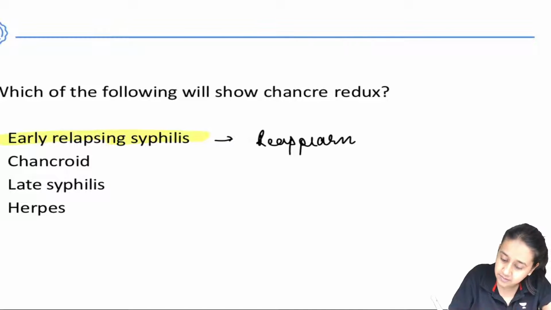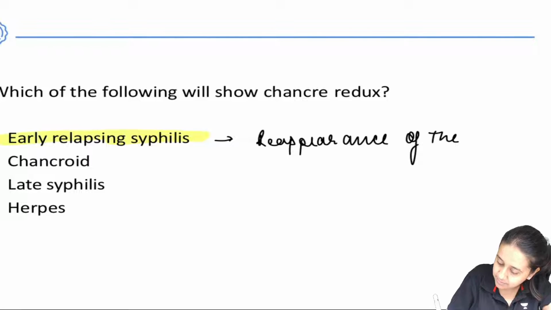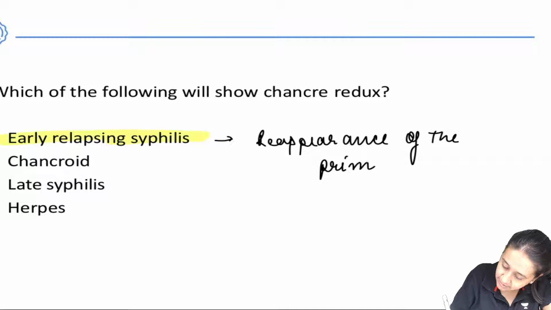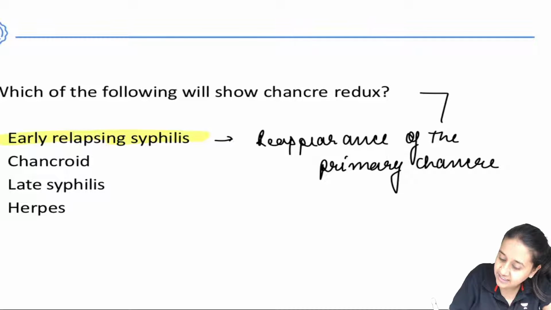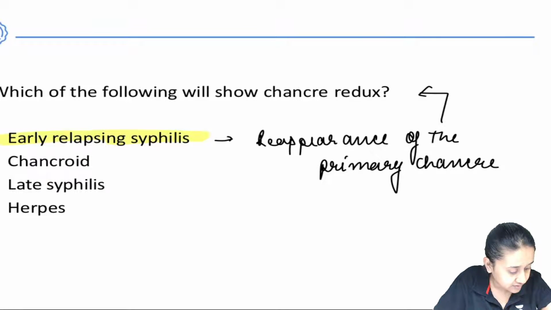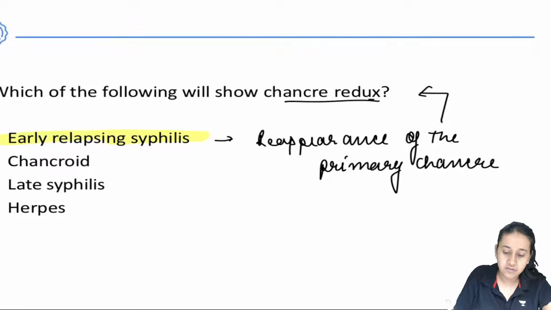There is reappearance of the primary canker, and this reappearance of the primary canker over the site of a previously healed ulcer is known as canker redux. It's a very classical feature of early relapsing syphilis.